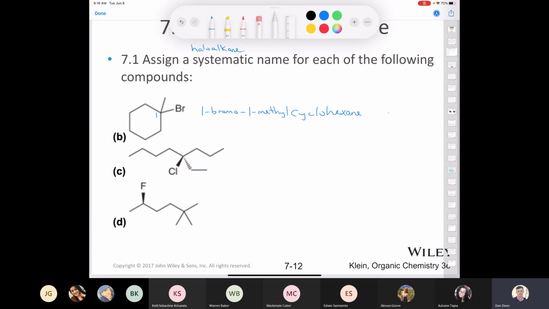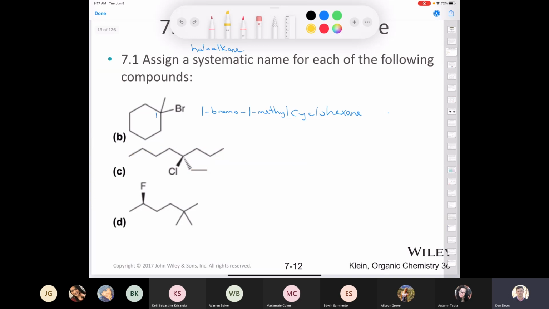What about the next one? Well, the first thing we got to do is address the stereochemistry. Again, I'm sure you guys are faster at it than I am by now. So this is going to be number 1. This would be number 2. This would be number 3. So we're going that direction. So it's R. Remember, we just go off the length of the alkyl group. Right? Chlorine is obviously number 1. Then you have a butyl group here. You have a propyl group here and an ethyl. Well, butyl and propyl are bigger than ethyl.